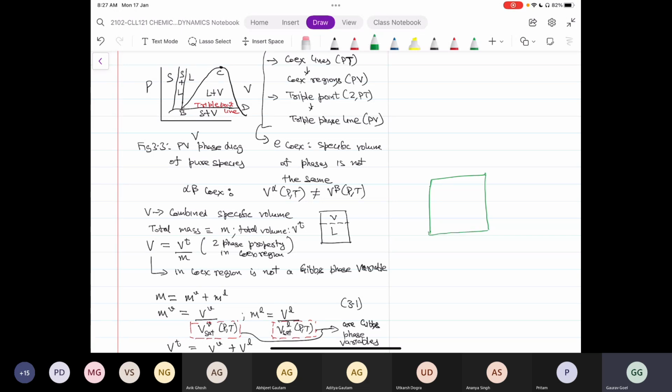So I'm making this drawing again of coexistence. Let's say I have vapor liquid coexistence, and let us say the fluid is H2O at 1 bar and 100 degrees Celsius.